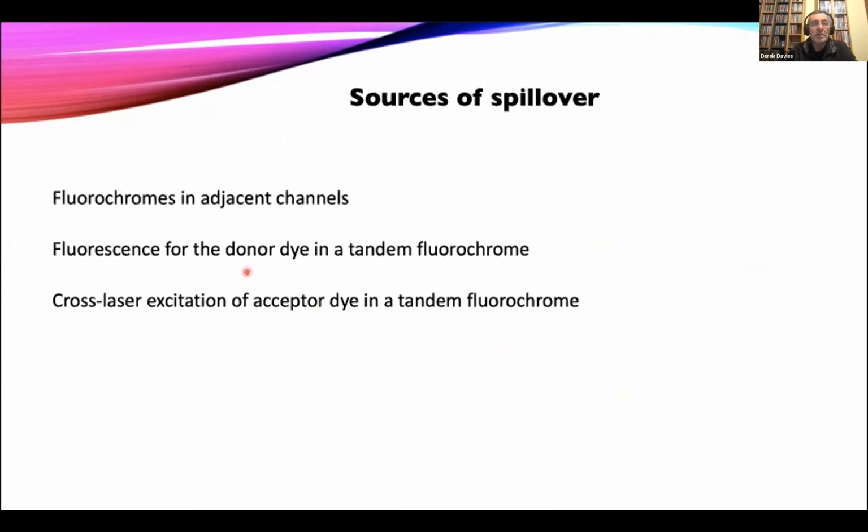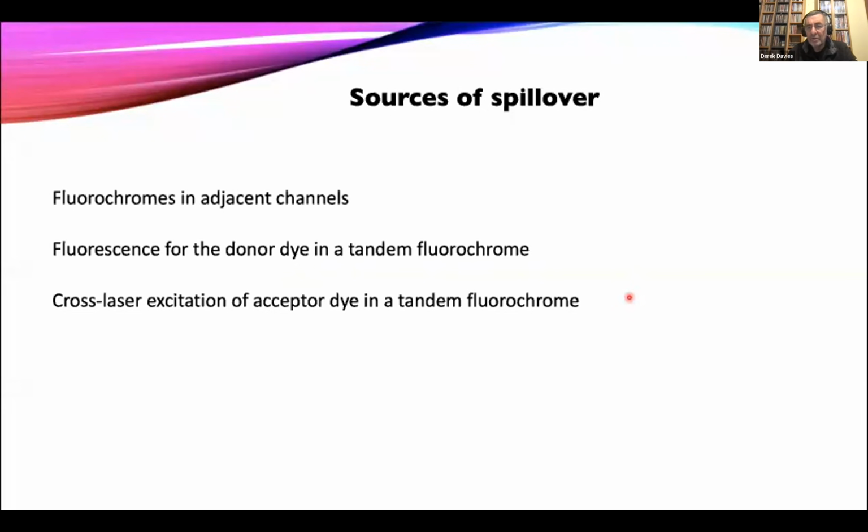We're always going to see some residual fluorescence from the donor dye in a tandem fluorochrome. And because in our tandem fluorochromes we are using 2 fluorochromes together, often the acceptor part of the tandem dye is going to be excited by a different laser. It's a fluorochrome in its own right.